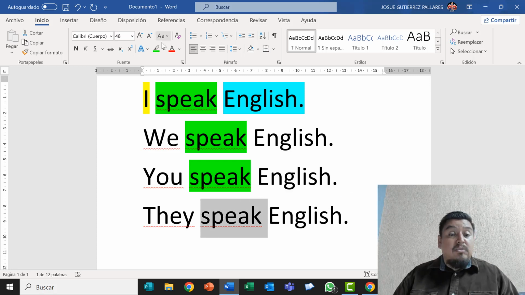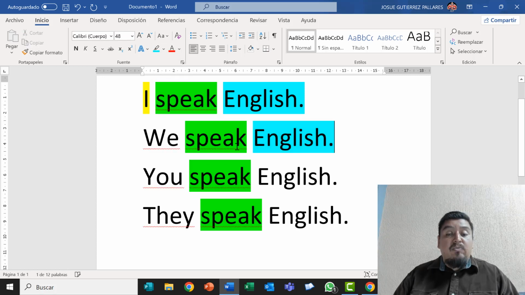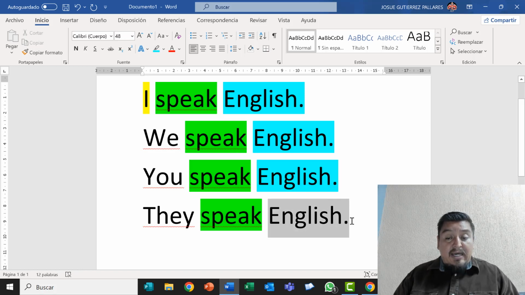With they, there's no difference. And also, as you can see, there's no difference in the complement. It's the same idea. So, for the first person singular, I, the second person, singular or plural, you, the first person plural, we, and the third person plural, they.